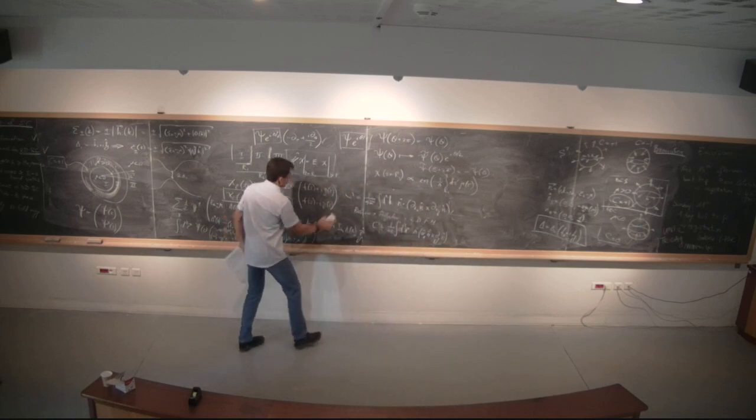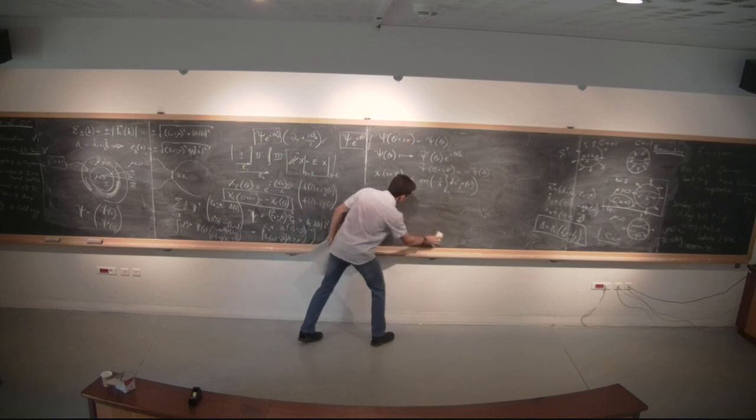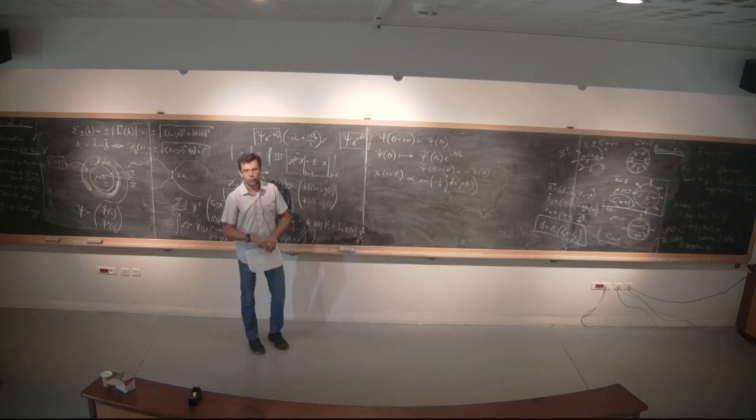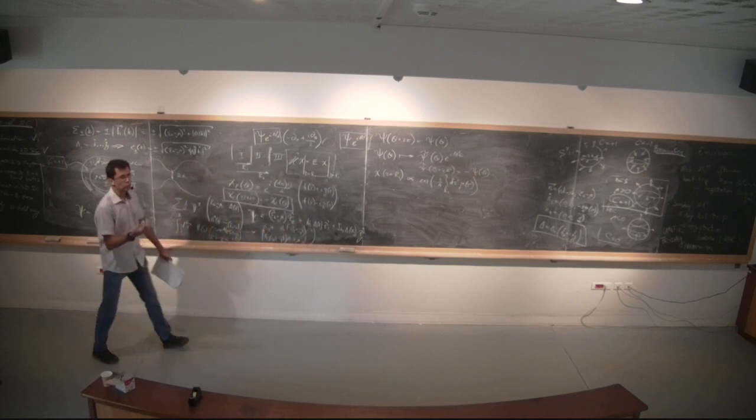So what I should have said earlier is that what I'm doing is the same trick as Jackiw and Rebbi, which Jain told us earlier. I'm allowing the chemical potential not to be constant, but to change smoothly.